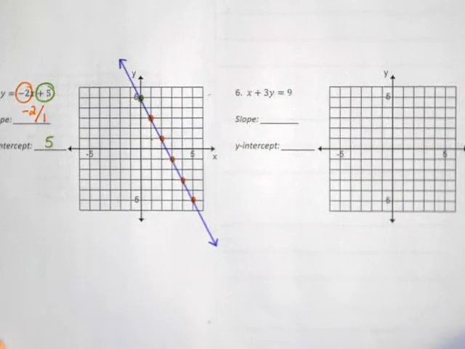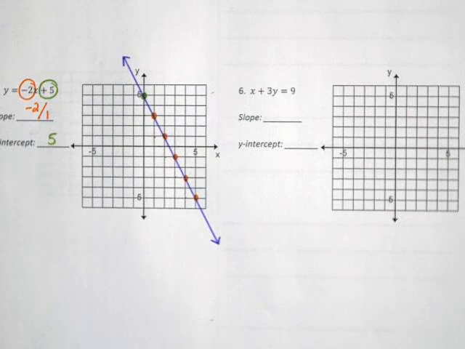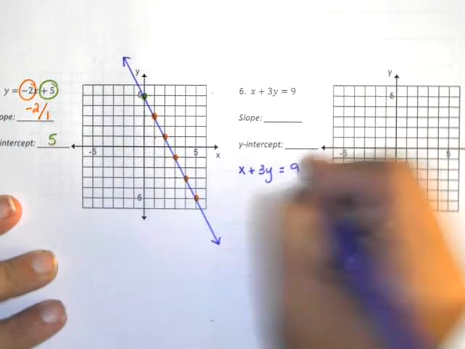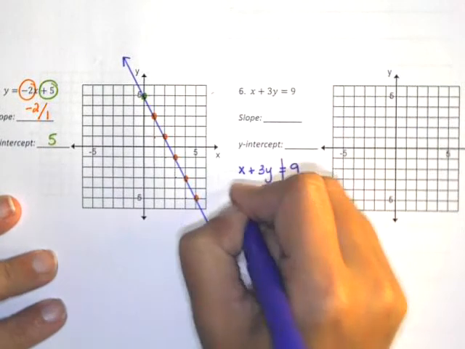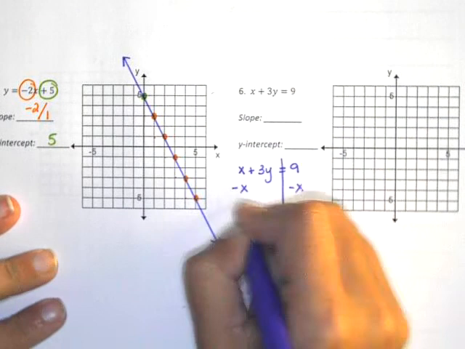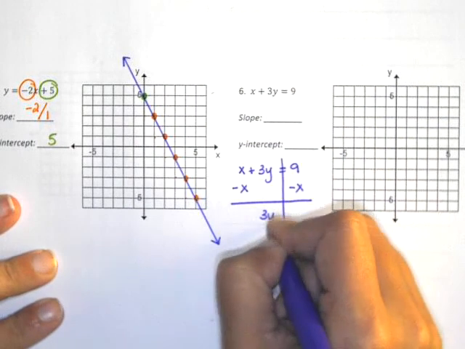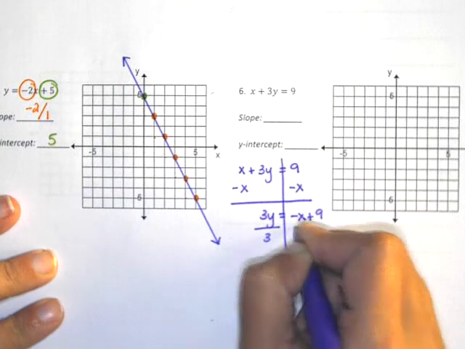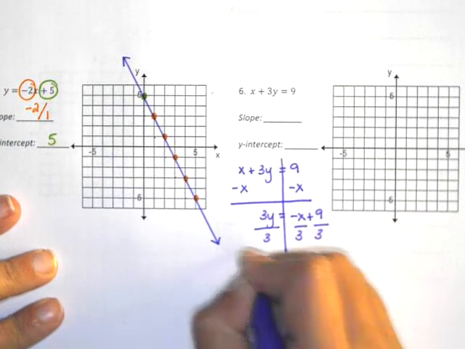Let's try one more example. So this last example, I'm noticing the equation is not arranged properly. I need to get the y by itself. So I'm going to start by subtracting x on both sides, which means I get 3y equals negative x plus 9. Then I'm going to divide everything by 3.